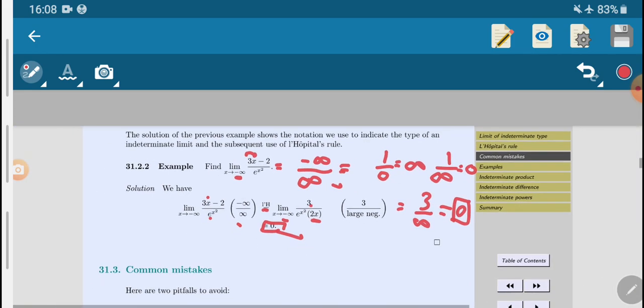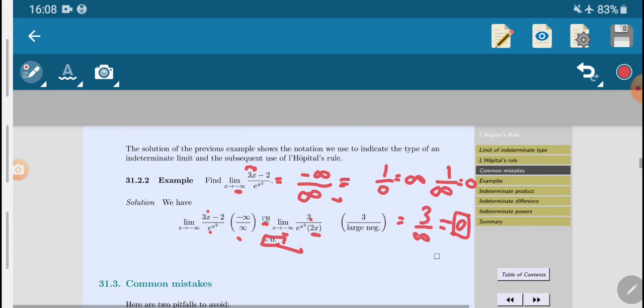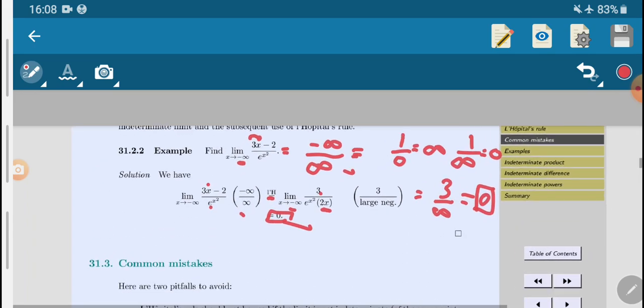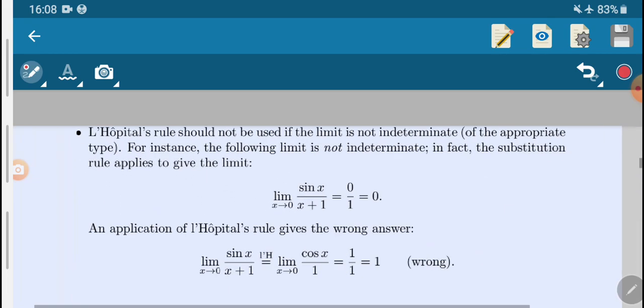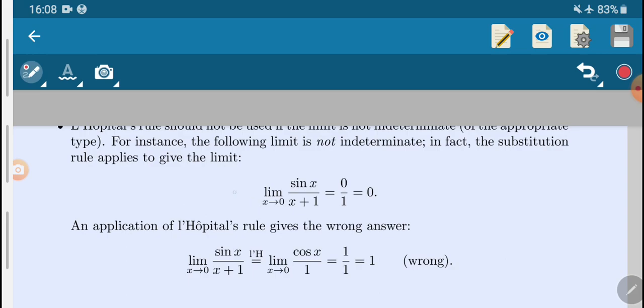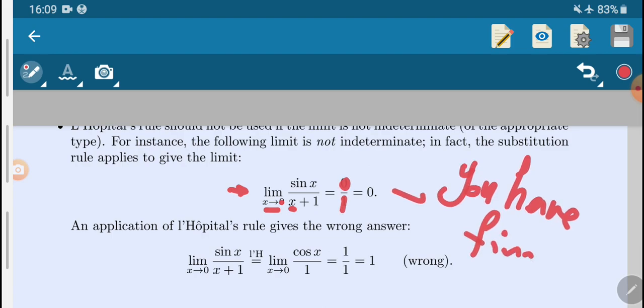Thanks to L'Hopital. But we have some common mistakes, as we said before. Here is a great mistake. Find the limit of sine x over x plus 1 when x approaches 0. When you replace x by 0, sine 0 is 0, 0 plus 1 is 1, 0 over 1 is 0. So you have finished. Don't do anything else, whatever the rule, because the final answer is a real number, not indeterminate.